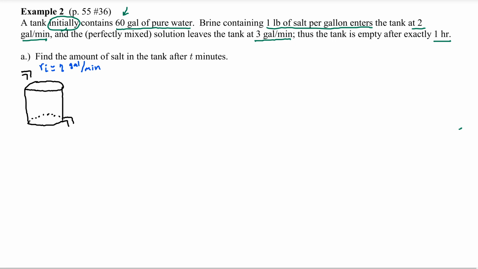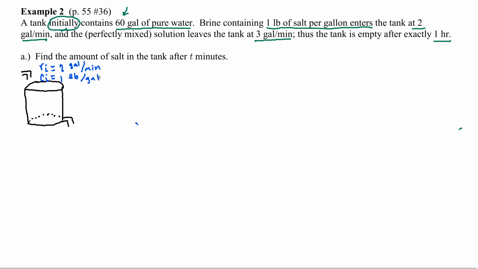So instead of liters on this problem, we're using gallons. And the concentration of brine is salt dissolved in water. So salt is the solute, water is the solvent, and brine is how we name that solution. The concentration coming in, we're told, is 1 pound per gallon.